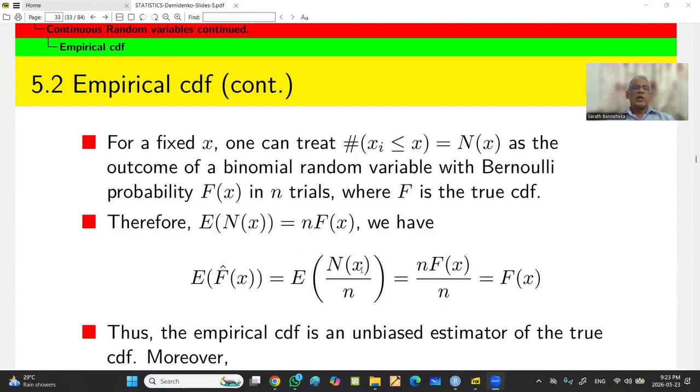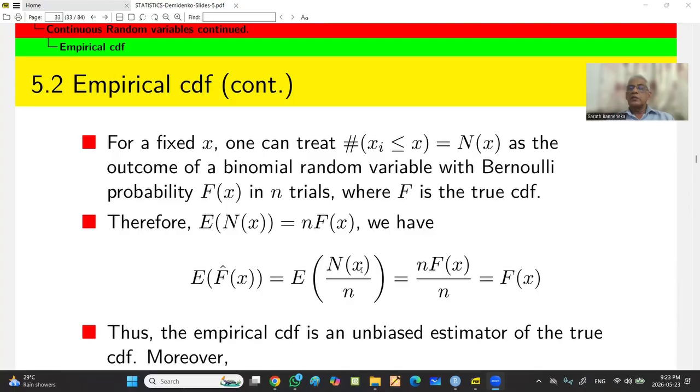Now, suppose we have a random sample from some distribution. We don't know the distribution, therefore we don't know the density function or the cumulative distribution function, but X has some distribution. We are taking n observations of X.